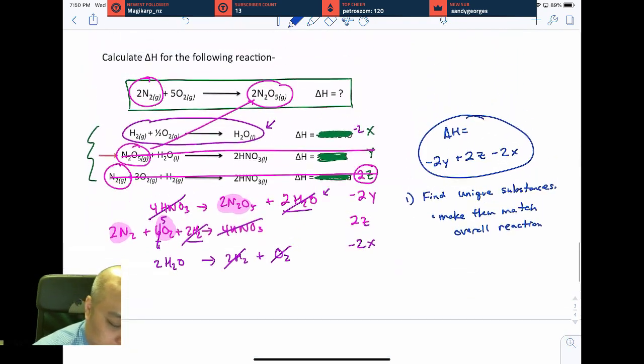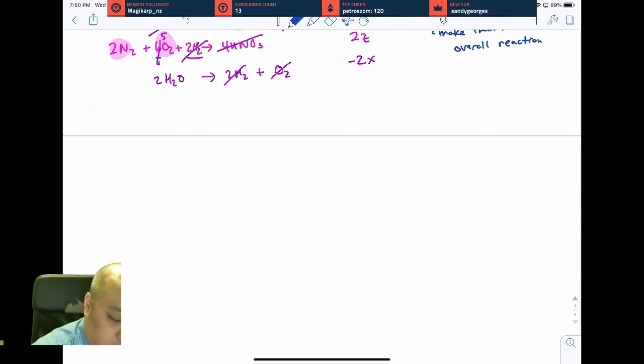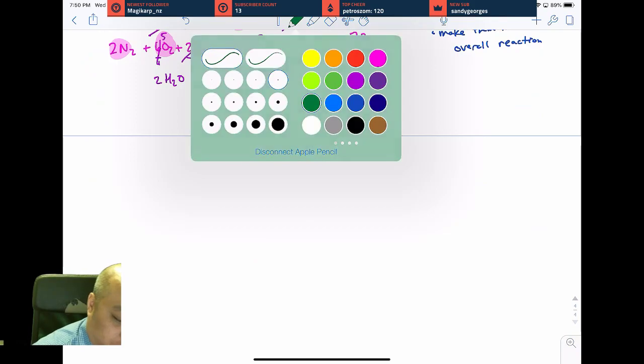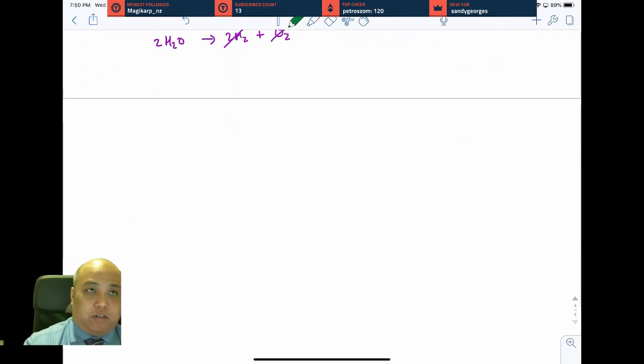Now, Hess's law is applied to a lot of different enthalpies. And so you may be given all the reactions, like in this problem where you're given the 3 reactions, you have to add them all up. Or you may be given values.